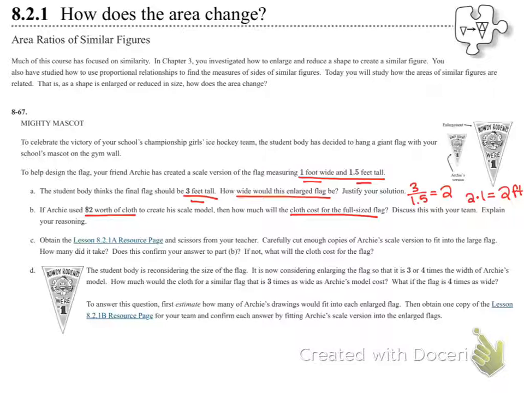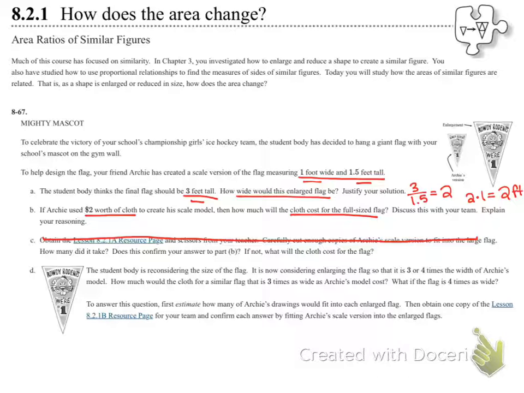So part C, you're supposed to have a little piece of paper that you cut out some triangles and so on. Obviously we can't do any of that with you guys being at home, but what we're going to do to help us think about part B, how much it would cost to make our new flag, is think about how many of the original flags or the scale versions would fit within the new one.